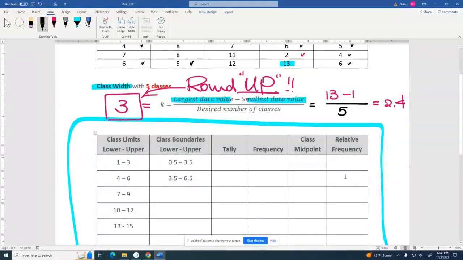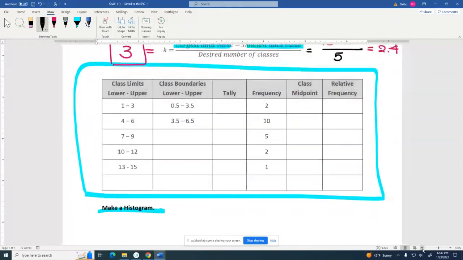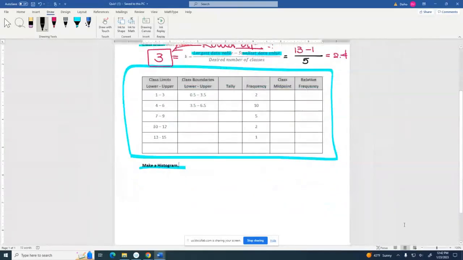We need to make a histogram for this. Finally, make the histogram with the frequencies.